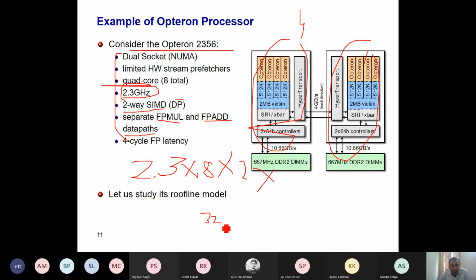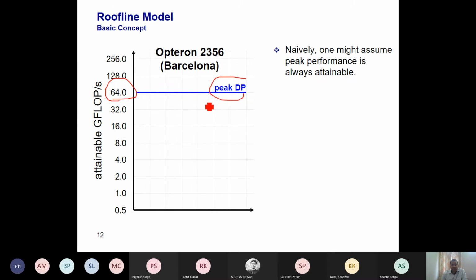Plus, because it has separate data paths for FPMUL and FPADD, each core can do both of them in a single cycle, so you have to again multiply by 2. So this is almost 64. That's how the peak performance comes out, so the peak gigaflops per second is 64.